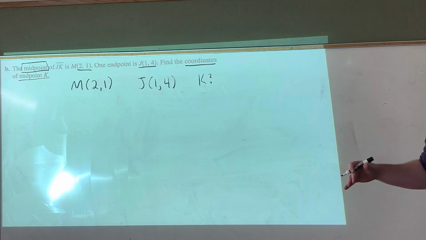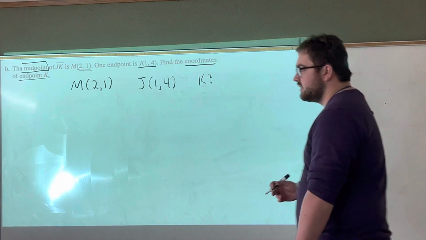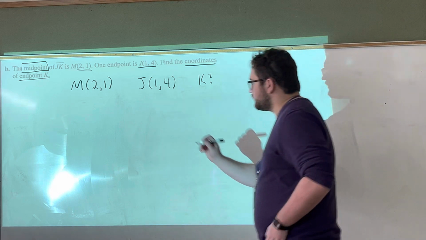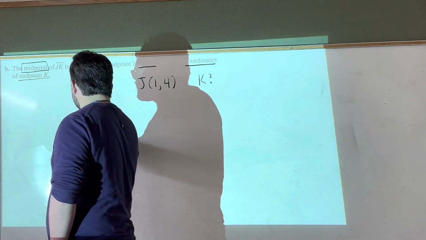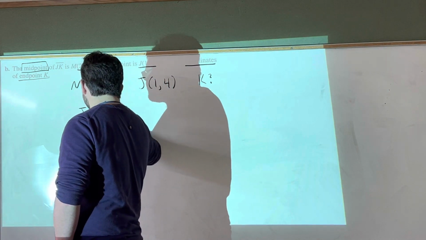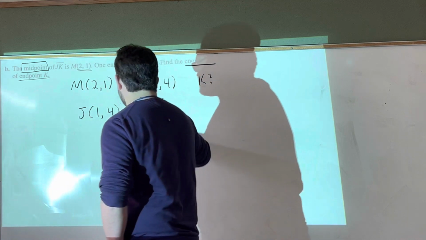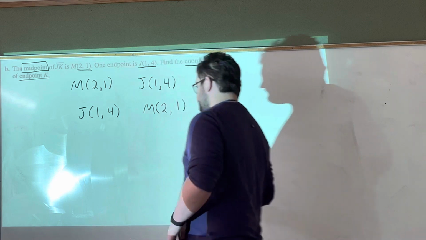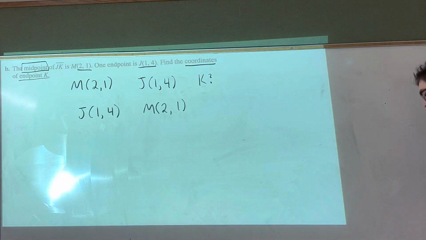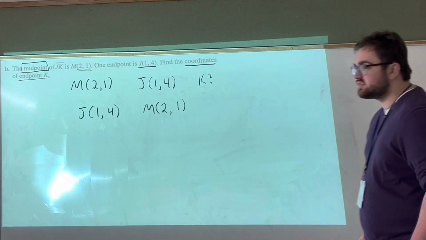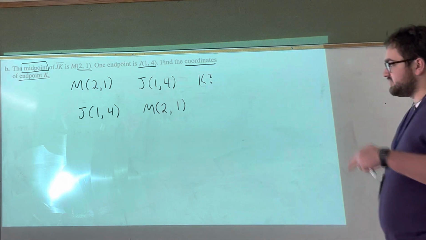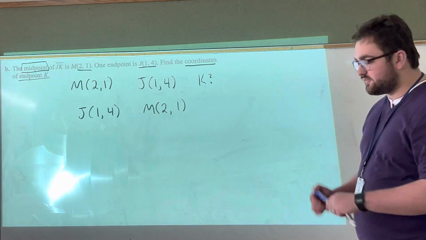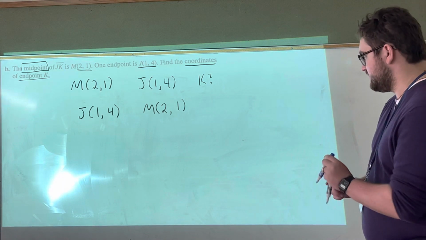The way I like to look at this is I like to compare my x's and my y's. So I want to start with J at 1, 4, and I'm going to compare it to M at 2, 1. Here's the nifty thing about midpoints. Since they're the same distance away, we can use a little trick to avoid some calculation.